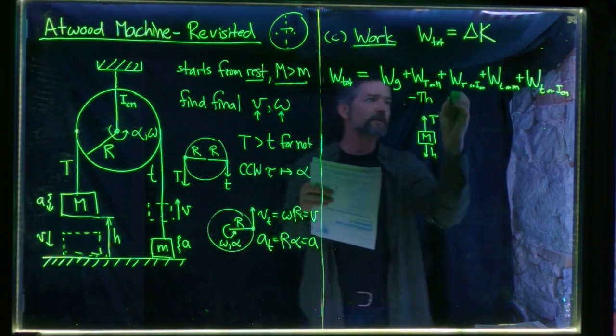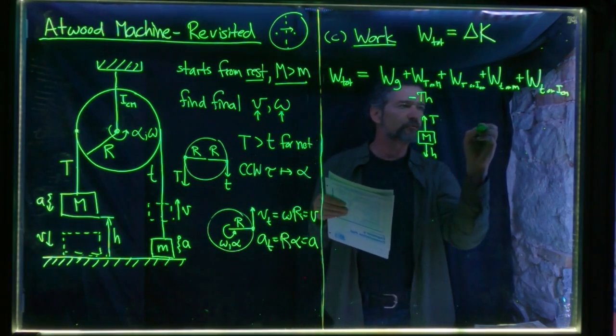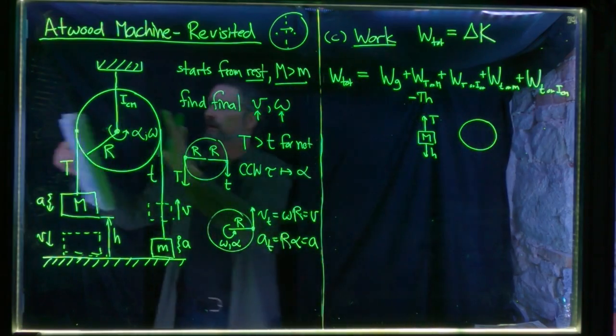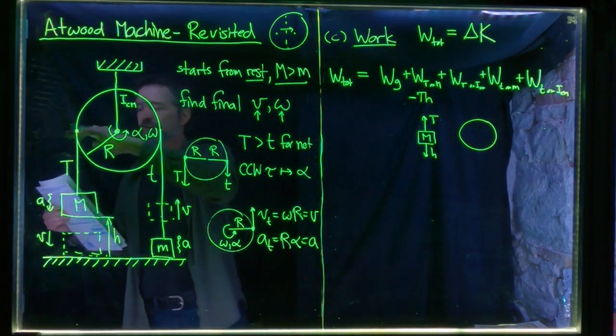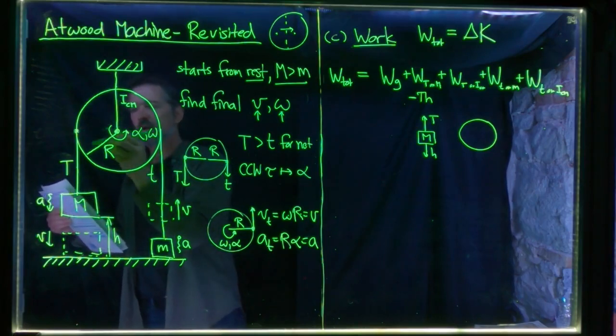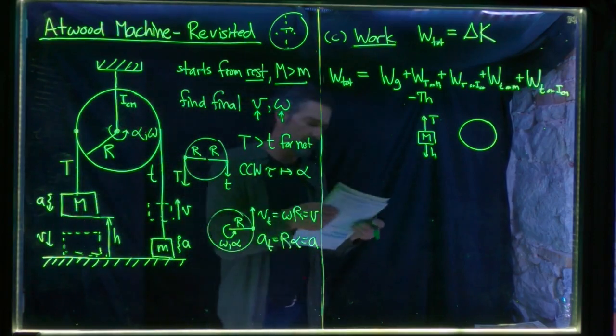Okay, now this one is a little bit more interesting. For this one, what we've got is this situation. We've got a wheel which is rotating, and we have a tension T applied at this point downwards. There's a moment arm distance r, so there's a counterclockwise torque acting on that wheel.